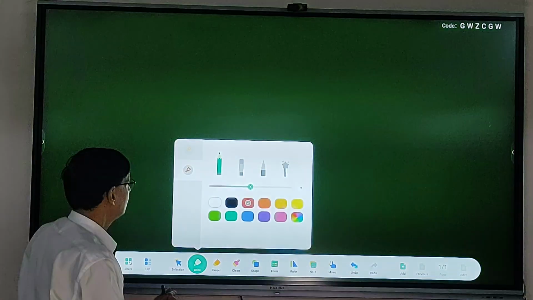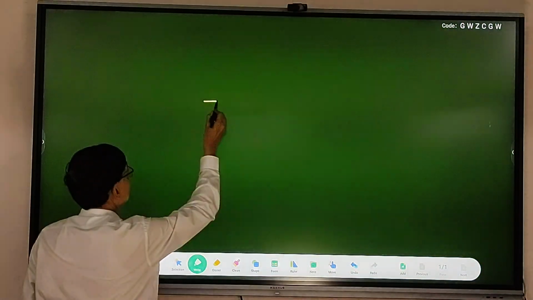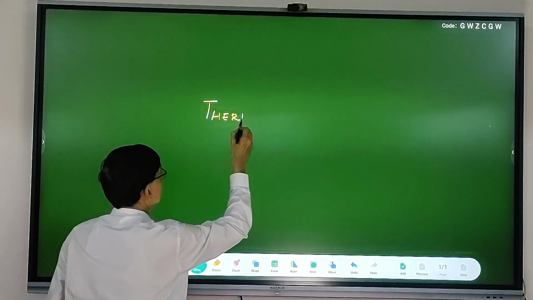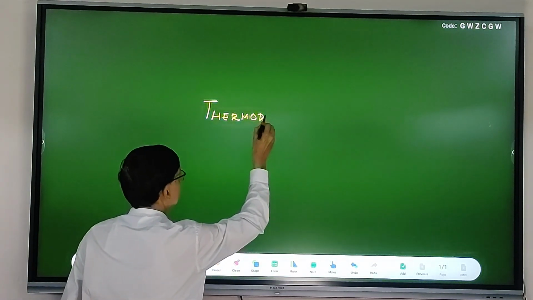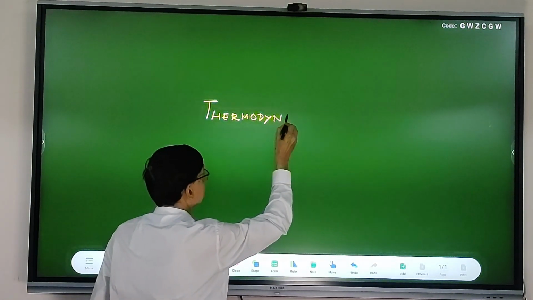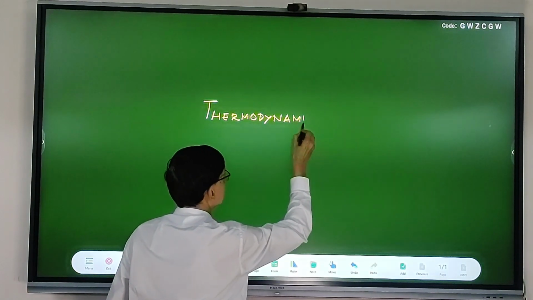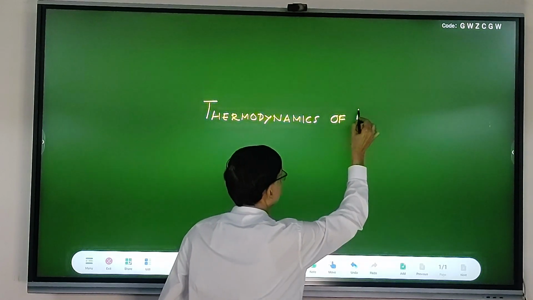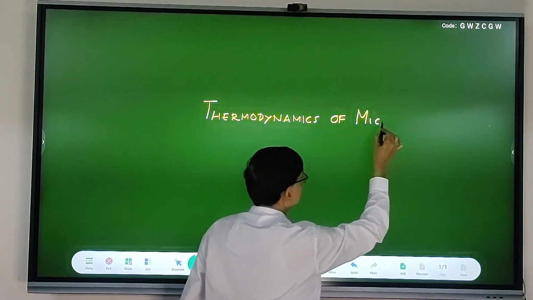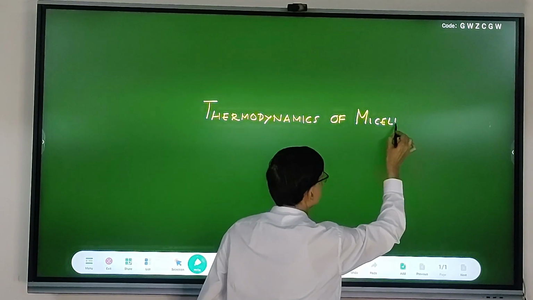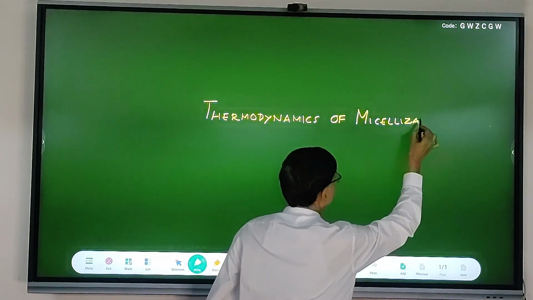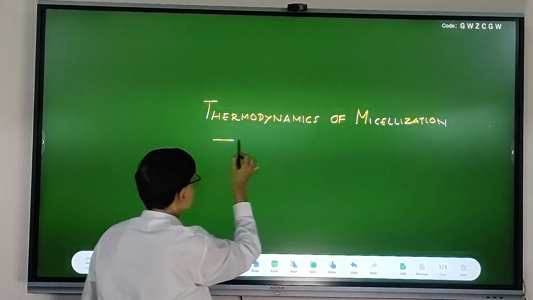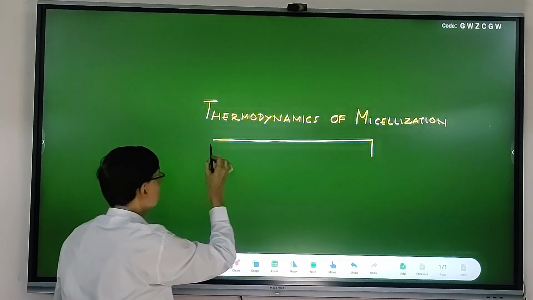So I can start with the thermodynamics of micellization. It is divided into two models.